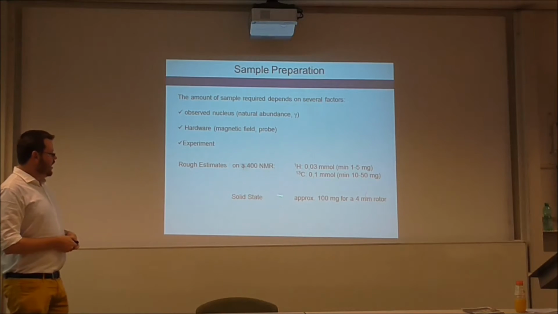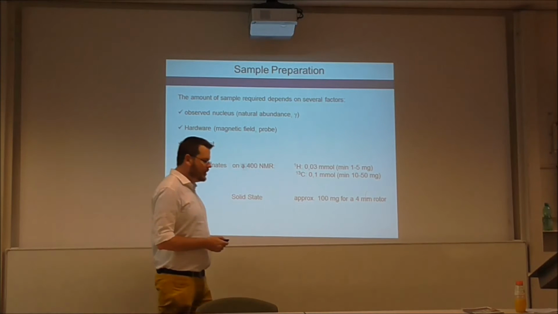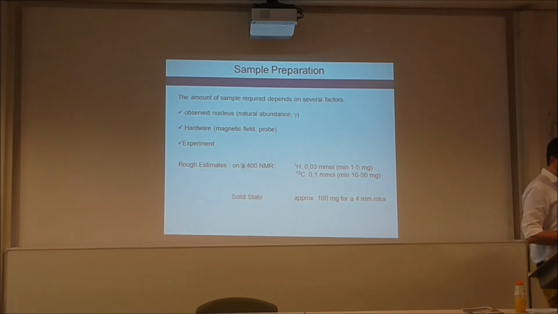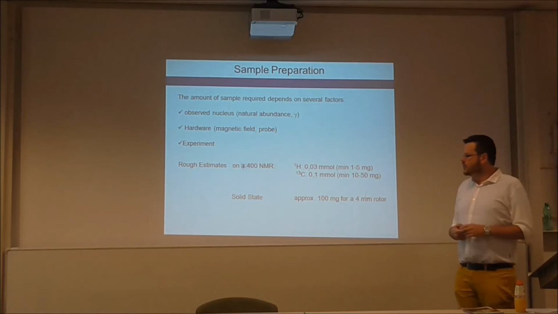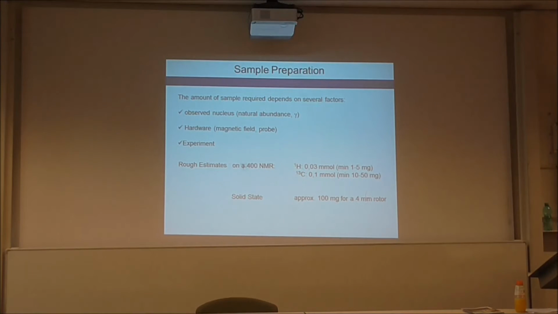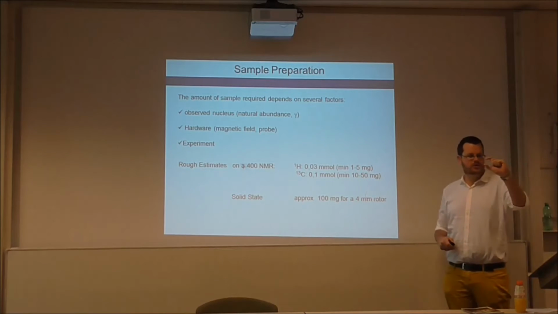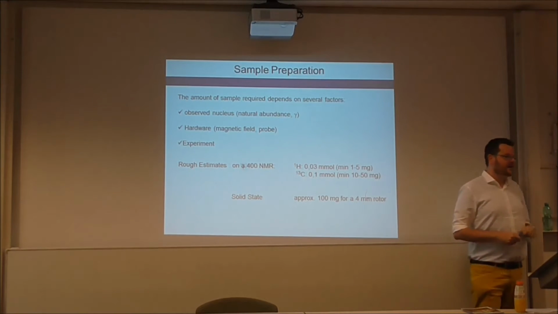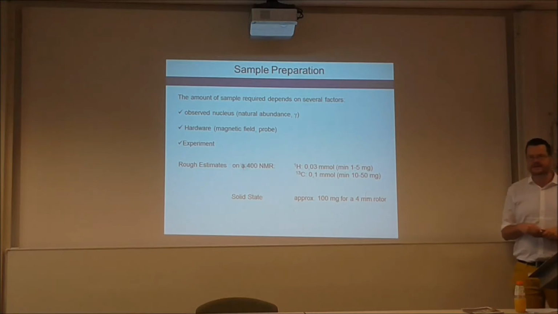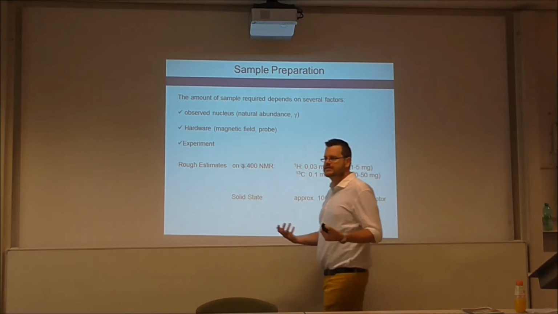Now I include here a note on solid state NMR. We mentioned this briefly in one of the lectures, the lecture on cyclopentadienes. It is possible to also do solid state NMR. What we're going to be talking about today is solution NMR spectroscopy, but solid state NMR, so-called magic angle spinning NMR, also exists, where it's possible to take a solid and put it in a ceramic rotor, compress it, and, well, of course the hardware is completely different, but it's also possible to record NMR spectra of solids to see what the thing looks like in the solid state.